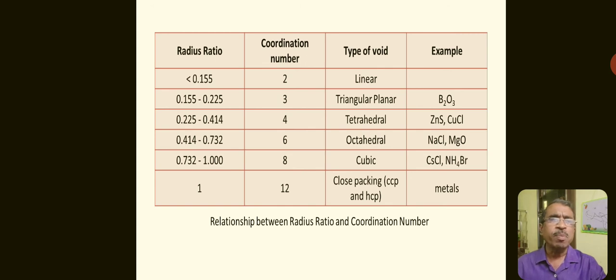Examples are cesium chloride, ammonium bromide. If the radius ratio is 1, then the coordination number will be 12. They have close packing, CCP and HCP close packing, and those are nothing but the metals. This is how, knowing the radius ratio, we can judge what type of compound it is.